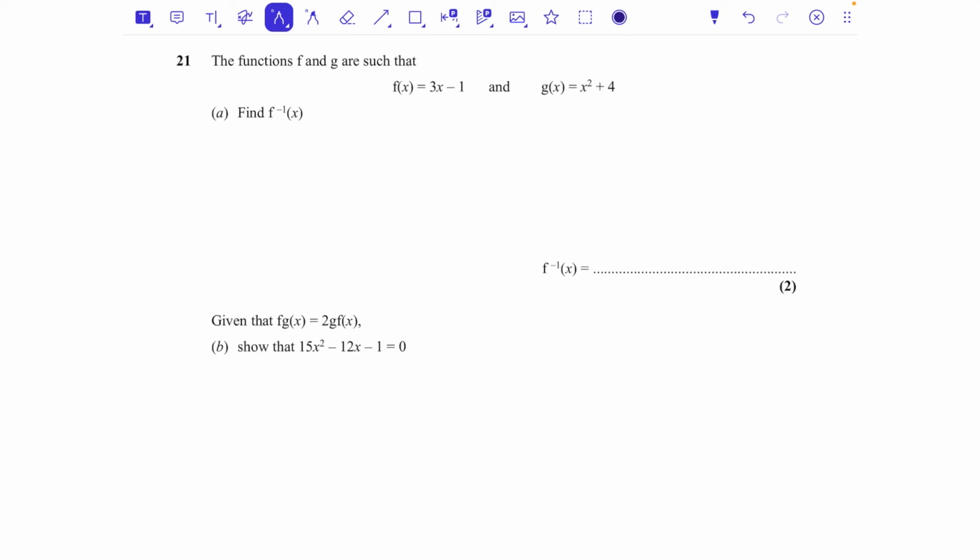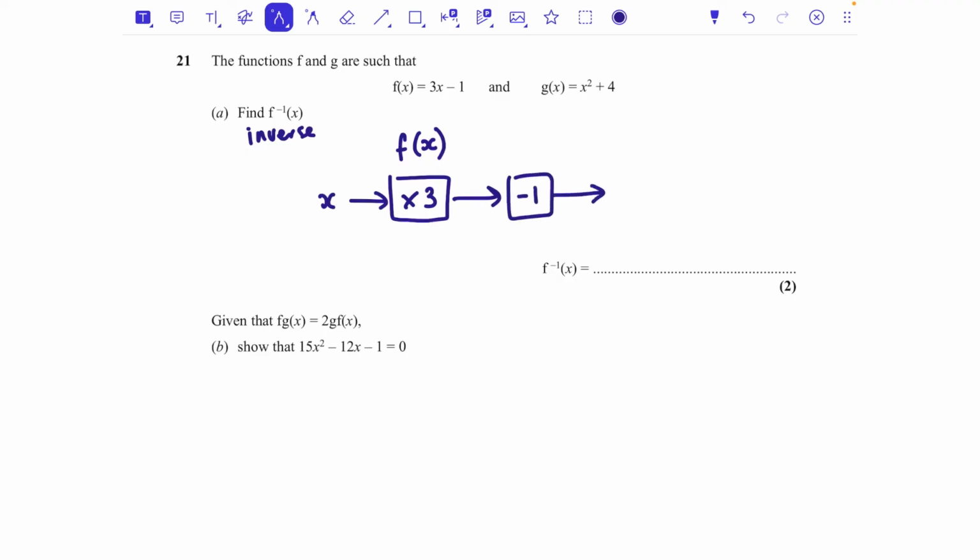So f to the minus 1 of x means the inverse function. What does f of x do? Well, f of x takes the value x, multiplies it by 3, and then takes away 1, and that gets you the output. When we're asked to find f to the minus 1 of x, the inverse function, it's asking you, how do I get from this output back to x?